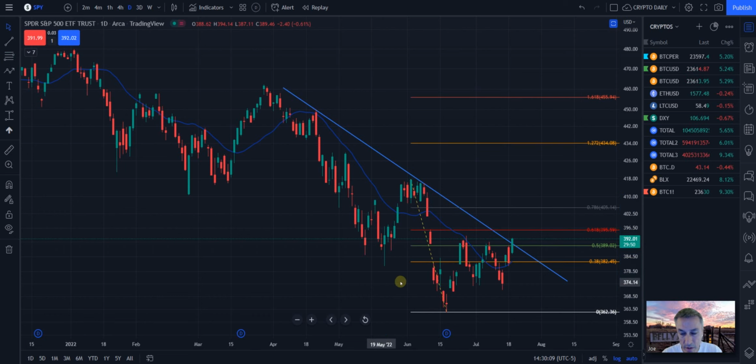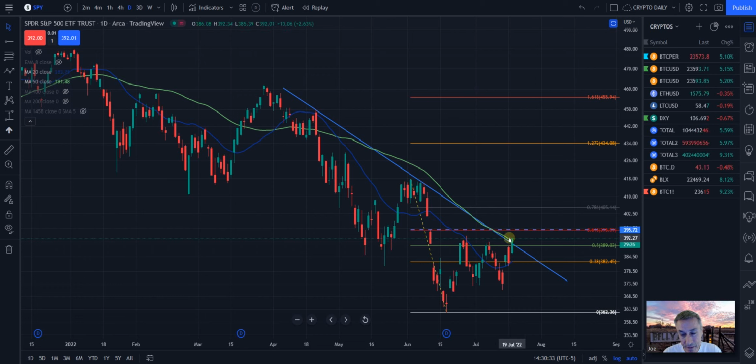We're going to put our fib line in here, so we have that 0.618 fib there. And then coincidentally, we also have this red candle here, this gap down. Sometimes that can be a resistance area as well. And then just as important, or more importantly, we have the 50.